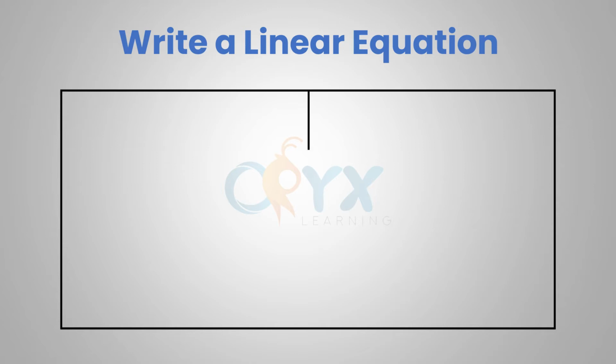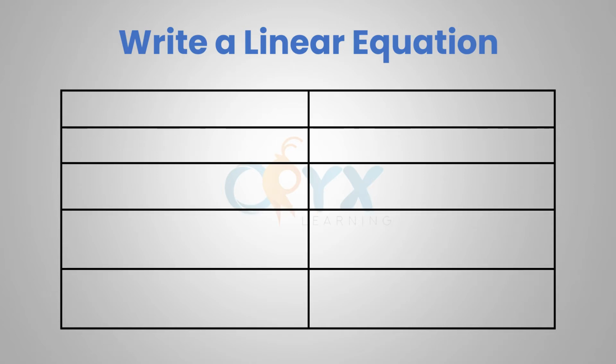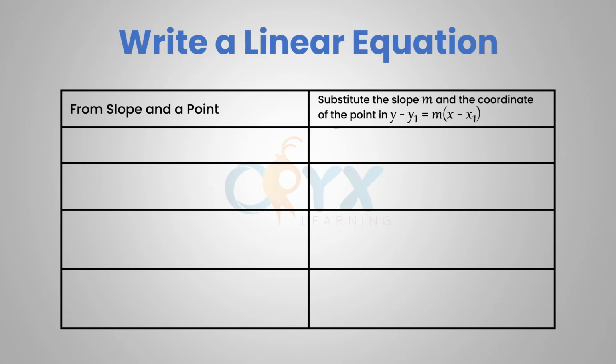In order to write a linear equation, it really depends on the situation that you are given. If you're given a slope and a point, then you want to substitute the m and the coordinates of the point into the point-slope form y minus y1 equals m times x minus x1.